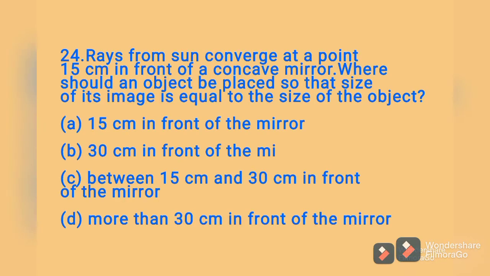24th question. Rays from sun converge at a point 15 cm in front of a concave mirror. Where should an object be placed so that size of its image is equal to the size of the object? Option A, 15 cm in front of the mirror. Option B, 30 cm in front of the mirror. Option C, between 15 cm and 30 cm in front of the mirror.